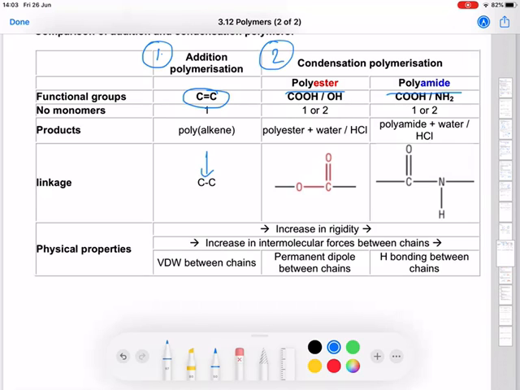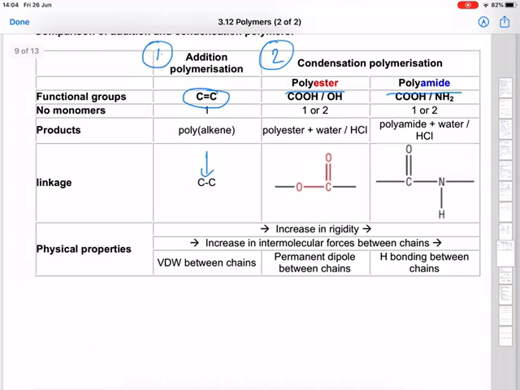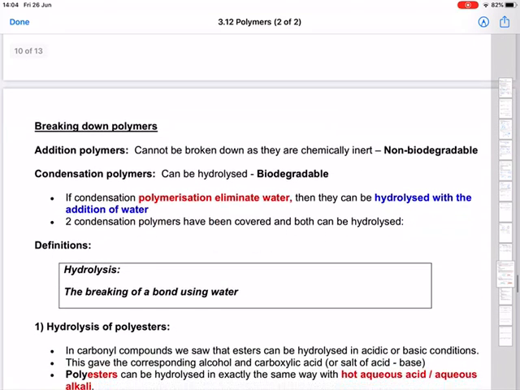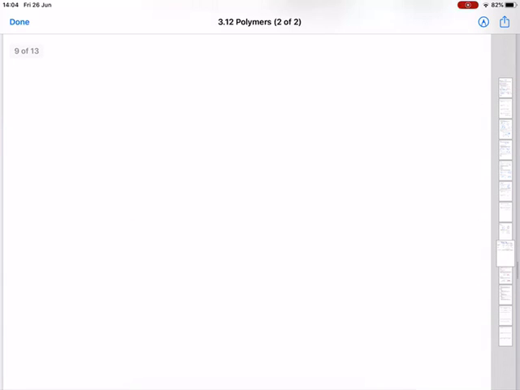For each of these, they can be made using either two monomers, a dicarboxylic acid, and for the polyester a diol, and the polyamide a diamine, or with one monomer. For the polyester, that would be a hydroxycarboxylic acid, and for the amide, that would be an amino acid. Okay, and we'll do that one another day.